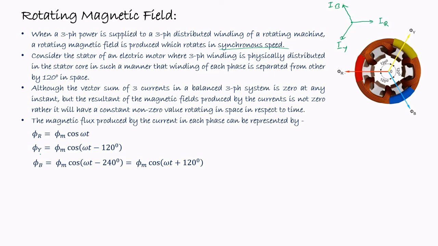Similarly, the magnetic field produced in the Y phase is phi m cos (omega t minus 120 degrees). That means the Y phase magnetic field will be lagging the R phase magnetic field by 120 degrees because the corresponding current is also lagging by the same angle. Similarly, the magnetic field in the B phase will lag the R phase flux by 240 degrees because the current in the B phase is also lagging the R phase current by 240 degrees.